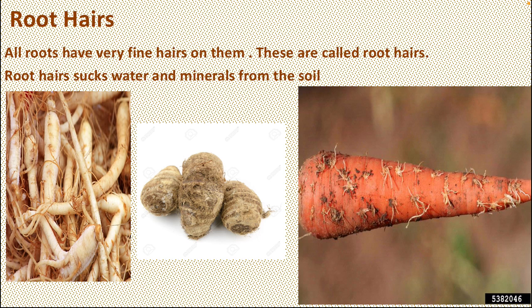Now I'll show another picture. This is also a vegetable and you can see the root hairs all over it. This is the radish and you can see the root hairs on it. So root hairs are where most water absorption happens.